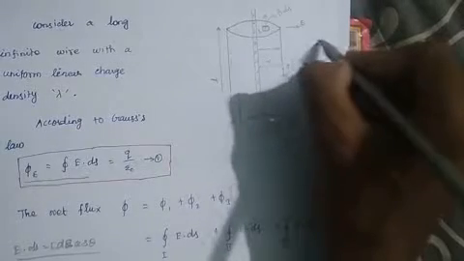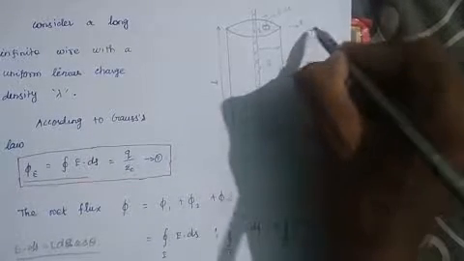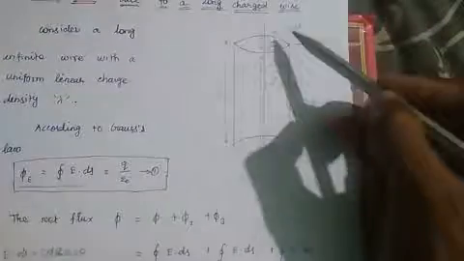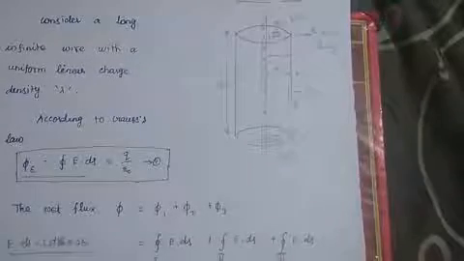So the field direction will be like this and the area vector along this direction, so the angle between them is 90 degrees. Theta is 90 degrees means cos 90 will become 0.